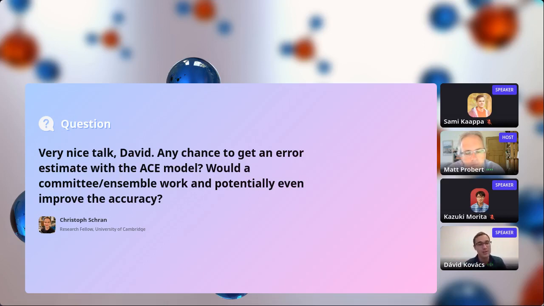But what you can do is Bayesian linear regression, where you are learning a distribution over your coefficients. And then you can draw from that and get a committee. And it turns out that you get actually pretty good uncertainty estimates from these Bayesian linear regression fitted ACE models. So the answer is yes, but not quite the way I have done it here.